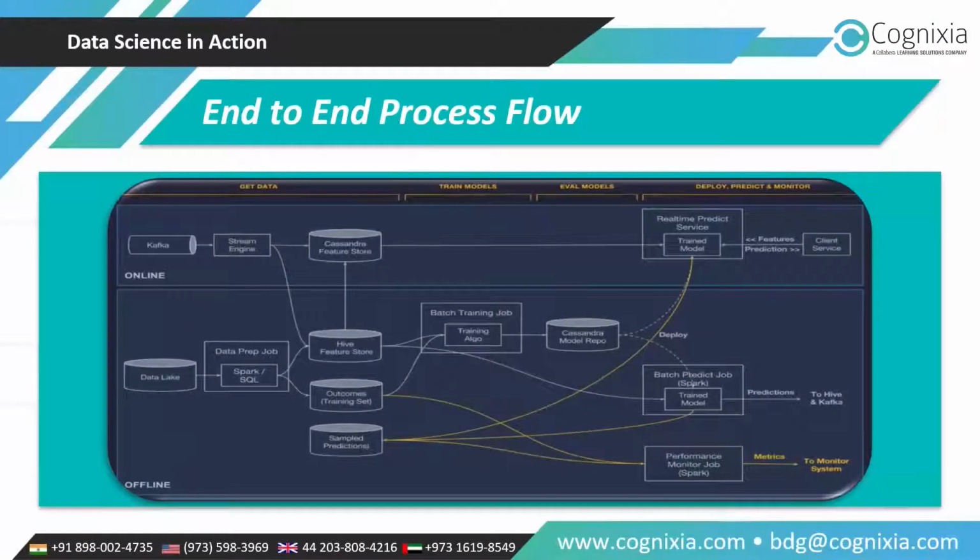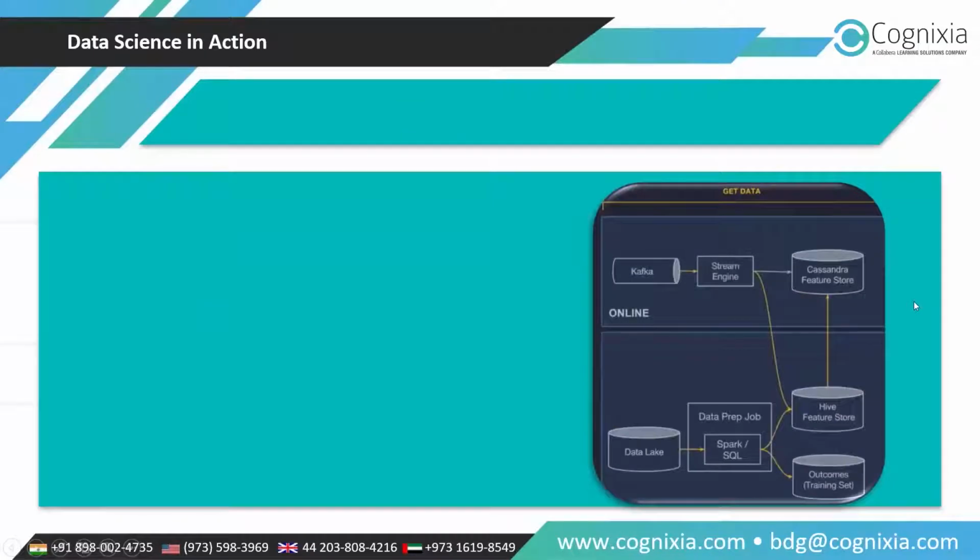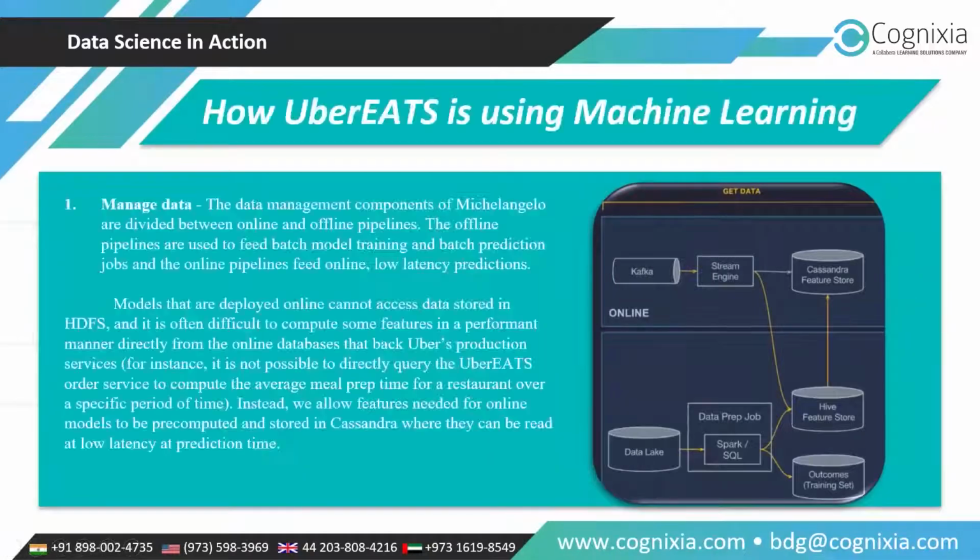Now we are going to talk about all these phases one by one, and we will see what is happening in each and every phase and how things make progress. Let us start with the very first phase, which is getting the data. This particular activity at a high level can be described as data management.